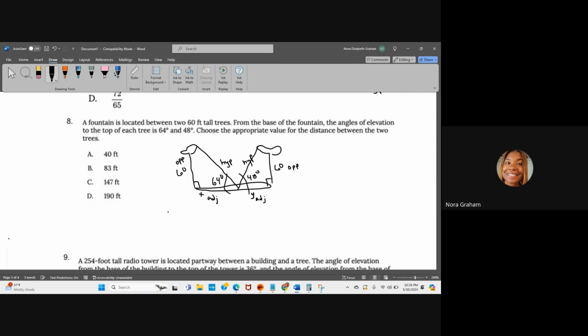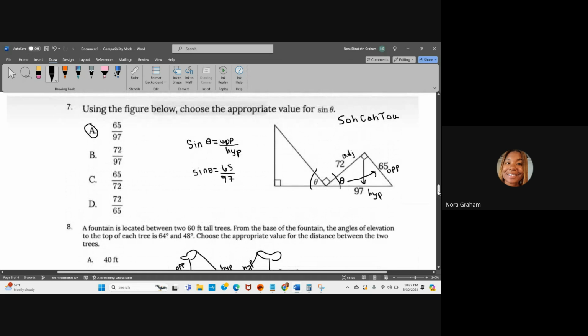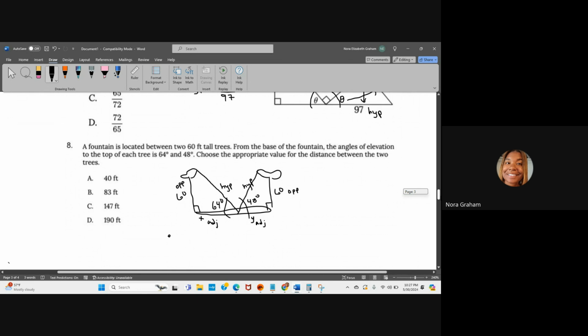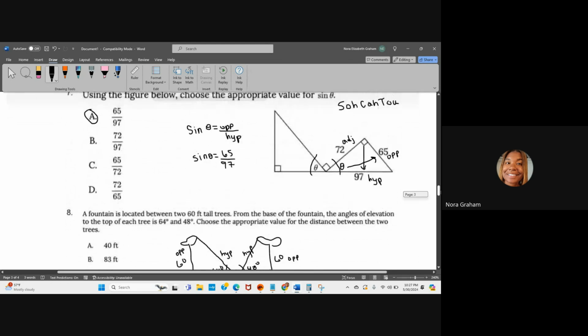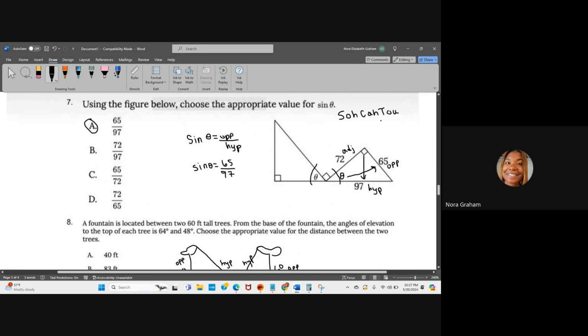Now we have to set up our trig functions. Remember, always go back to SOHCAHTOA if you don't remember your trig identities. For this one, I'm trying to find my adjacent and I'm given my opposite. So you look at what trig function deals with opposite and adjacent, that's going to be tangent.